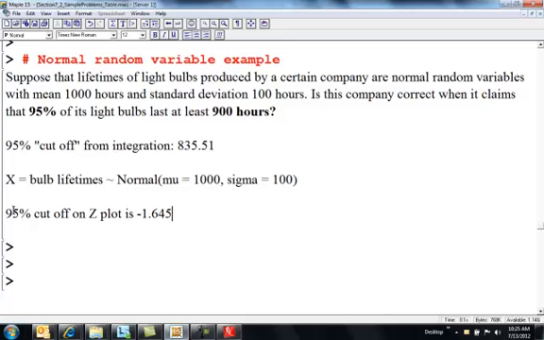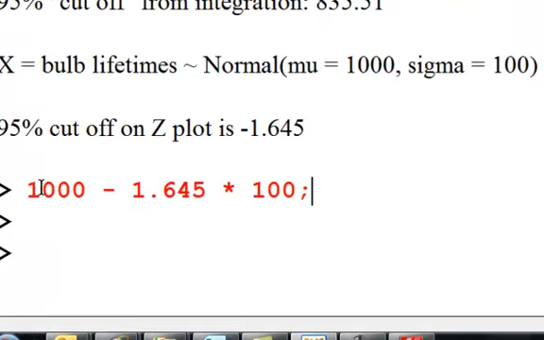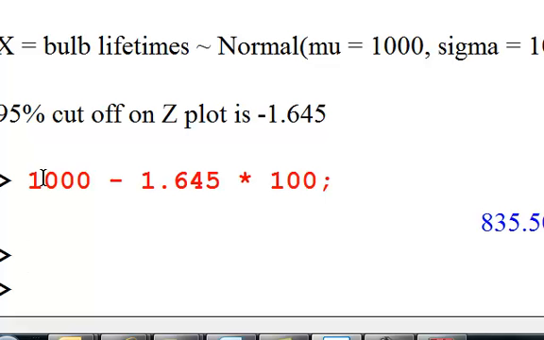So this is what I'm going to do: 1,000 is the mean, and then I'm going to subtract off that many standard deviations, and my cutoff is 835.5. So 95% of their bulbs last at least 835.5 hours.